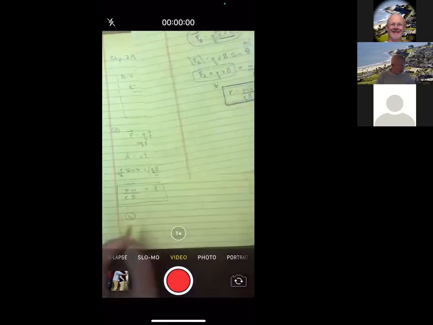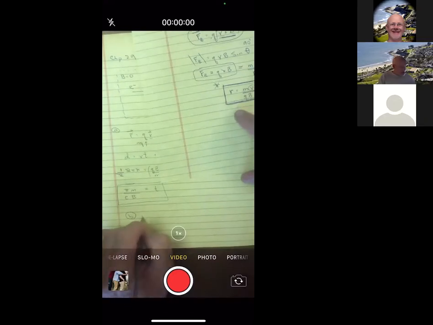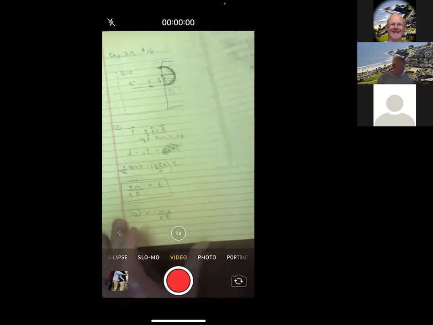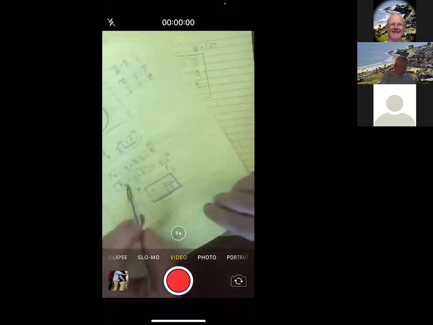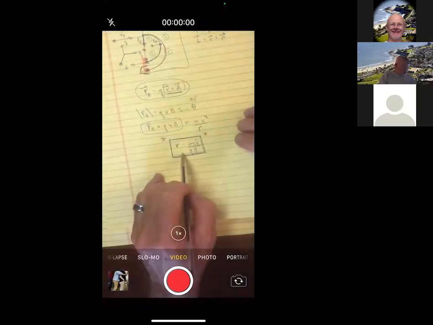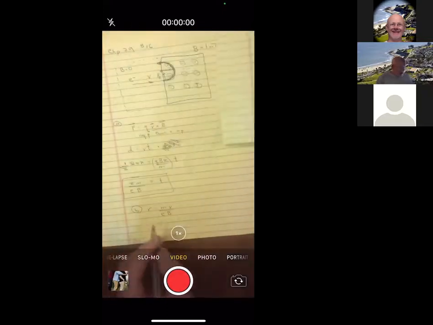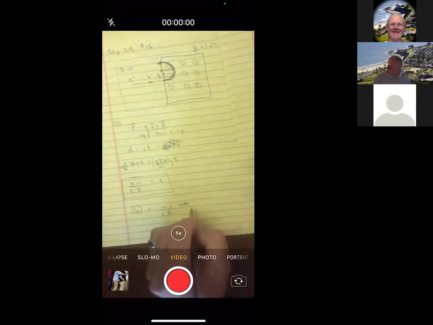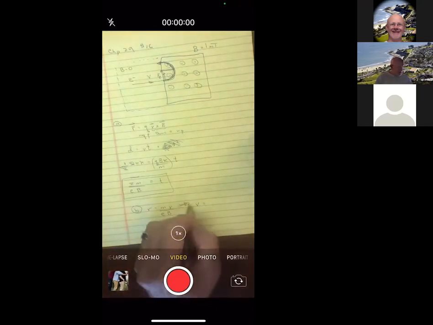So if I write this as R equals mv over EB, this equation, I could now use that to get velocity.